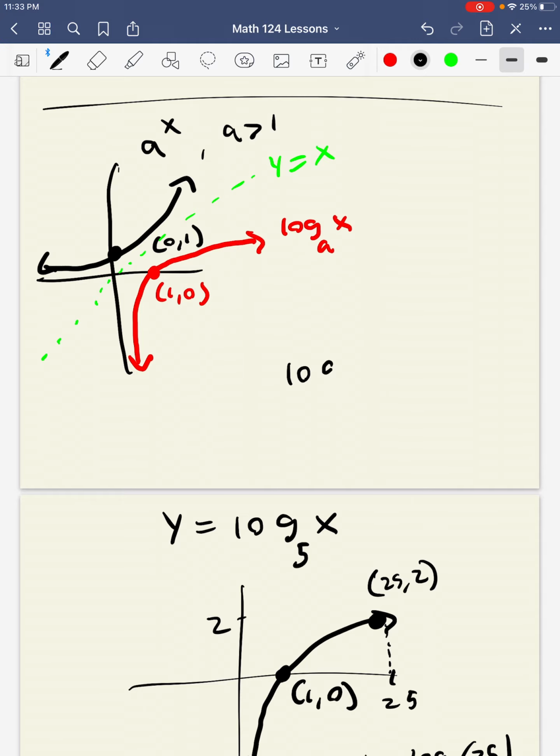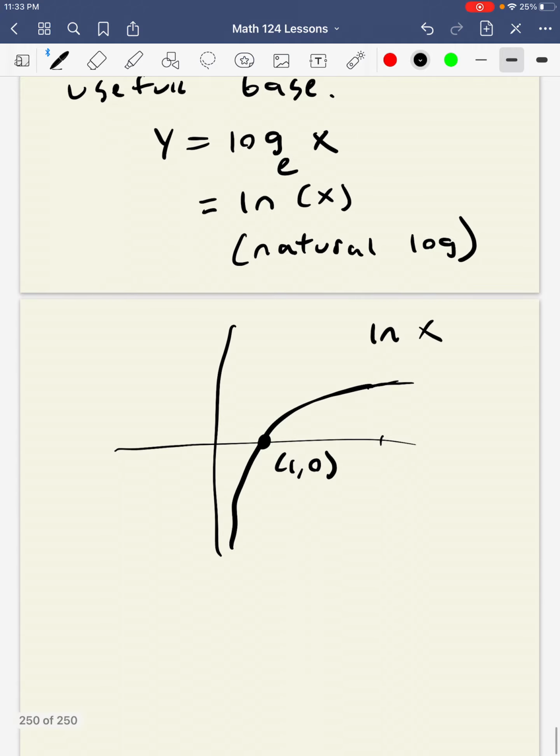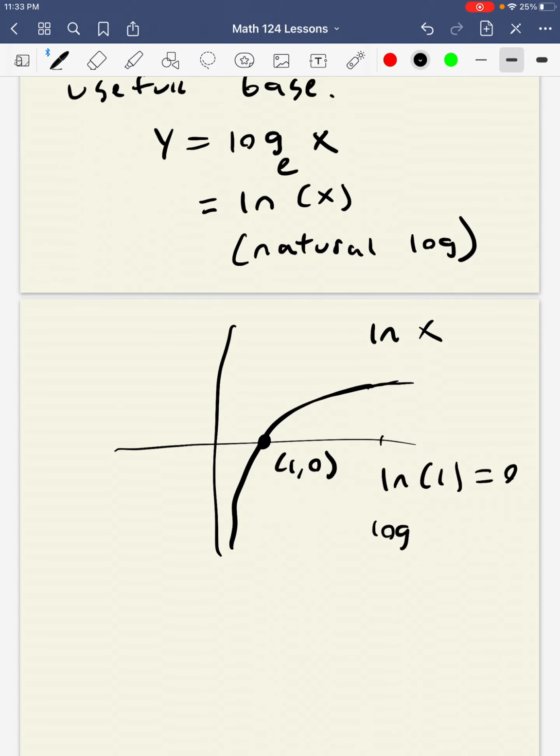So we can make the conclusion that log base a of 1 will always equal 0 for any base. Like natural log of 1 equals 0. Log base 7 of 1 equals 0. Whenever you plug a 1 into a log, it will spit out 0.